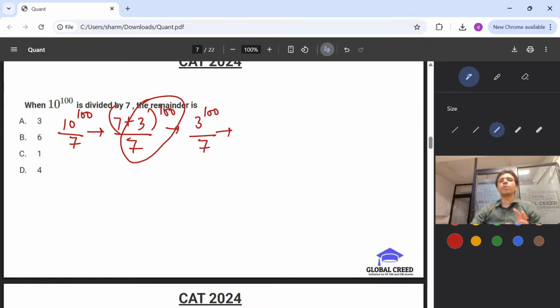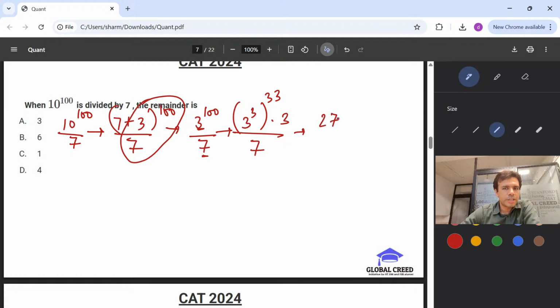Now, if you are struggling with what we are doing here, you can always attend our basic sessions, which are also there on YouTube. You can look for those and you will find out what technique, what method we are using here. Now I will search for a power of 3 which is near to a multiple of 7. So I would say 3 cube, which is 27, near 28.